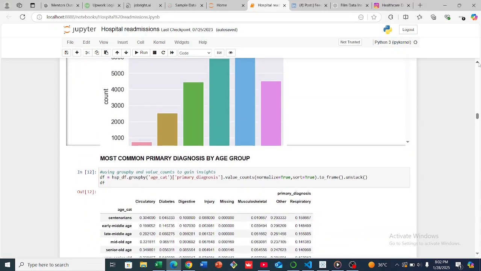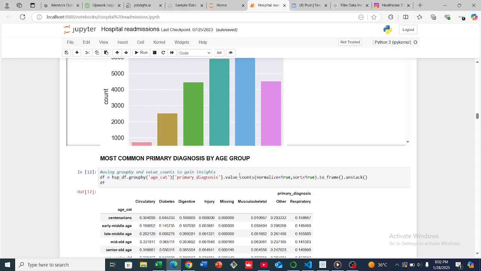So before I go ahead and say that, the next thing we did was to look at the most common primary diagnosis by age group. For us to be able to do that, I just had to use the .groupby method. So I grouped by age category, and I want to see which primary diagnosis is most common for each age group.